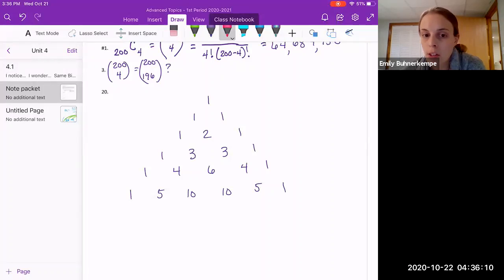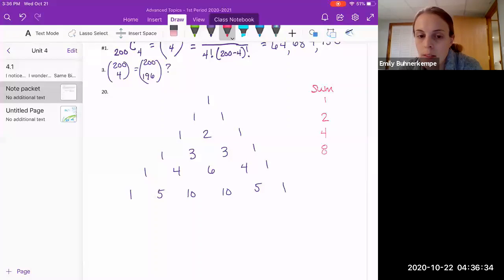If you're going to add up each of the entries in each of the rows of Pascal's triangle, that first row that we sometimes call row 0 would have a sum of 1. The next row would have a sum of 2. 1 plus 1 is 2. The next row, 1 plus 2 plus 1 is 4. Then you're taking 1 plus 3 plus 3 plus 1.